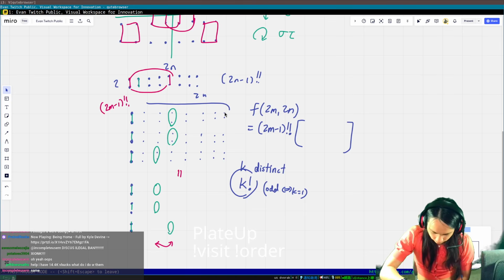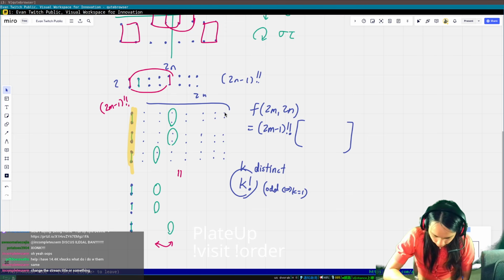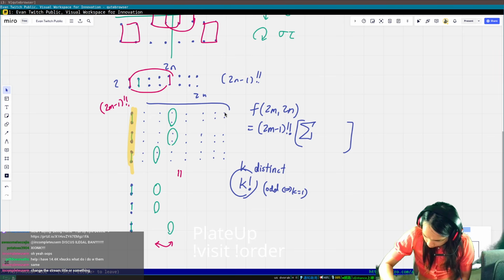So you fix the left column here, right? You fix this choice and then you sum over the number of ways, for these m things, it's really a function from m into 2n minus 1.